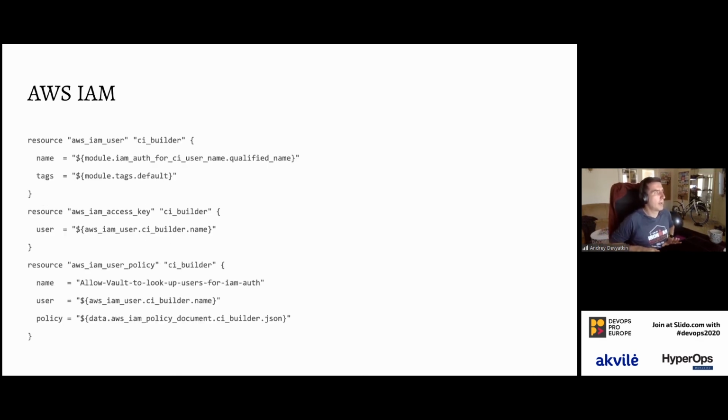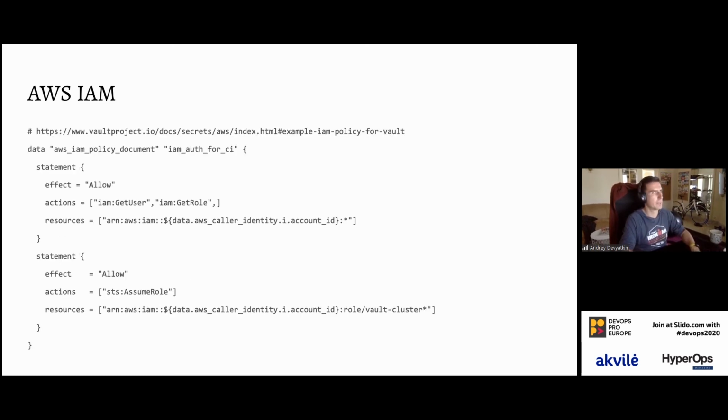And then we will need to have an AWS IAM user. We will need to have the keys, and we will need to have a policy. That user and those AWS keys are used for Vault to go into AWS and validate the information provided to Vault when an authorization request comes in. So that's a policy. We want to check the user. We want to get the role.